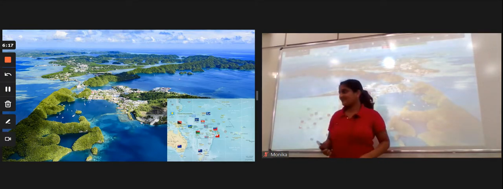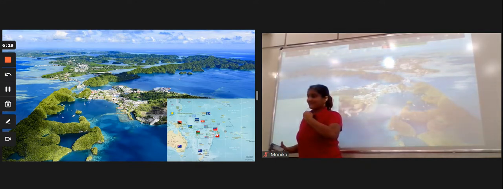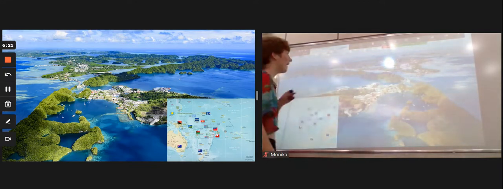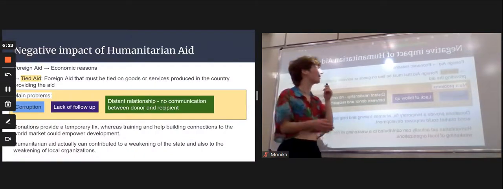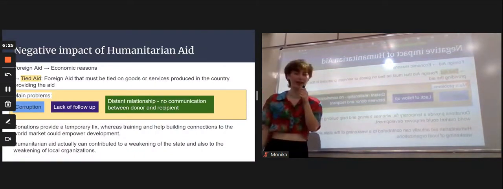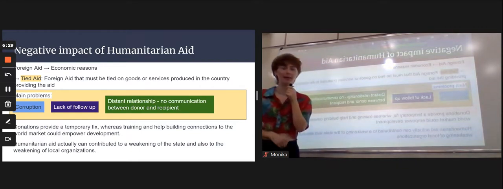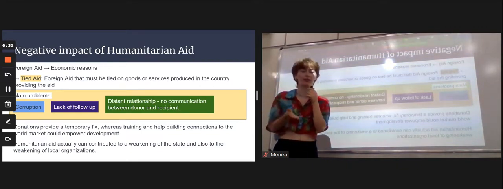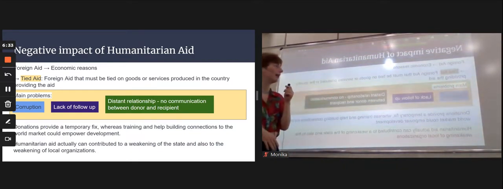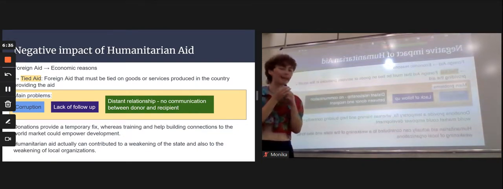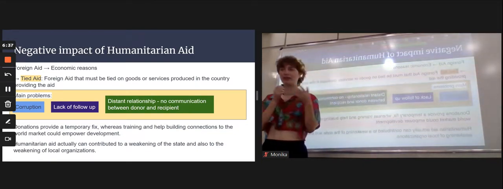Yes, that's it. So I will be talking about the negative impact of humanitarian aid and how humanitarian aid sometimes doesn't help and makes the situation even worse, or just doesn't help. So foreign aid can be given because of various reasons.